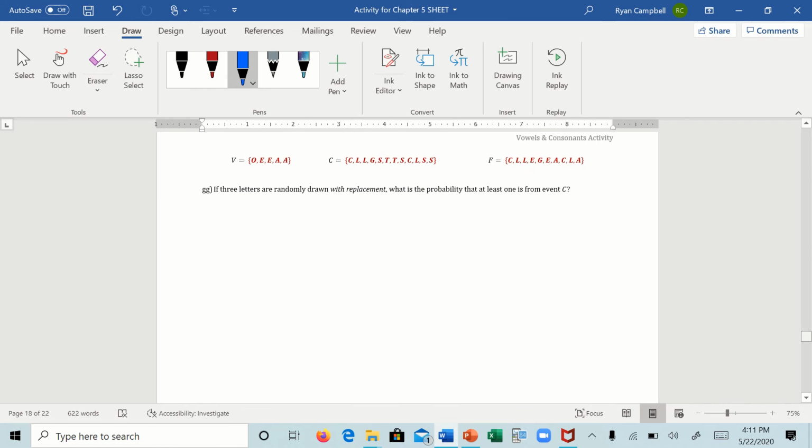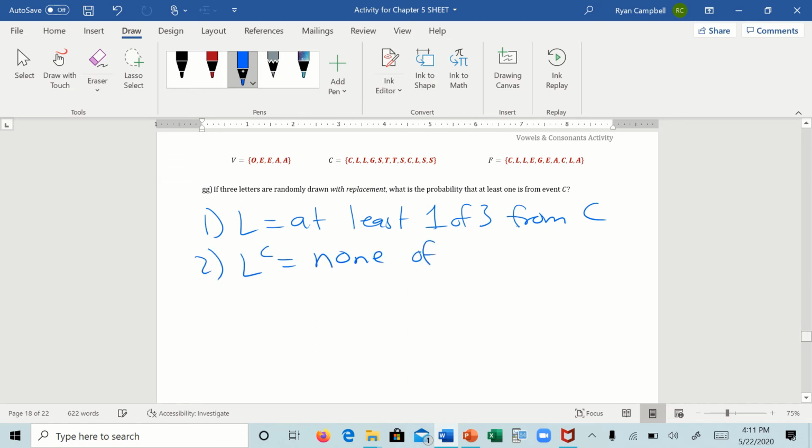So, part G, 3 letters with replacement, at least one from C. So step 1, L means at least one of 3 from C. Step 2, complement means none of 3 from C. So if none of them are in C, then all of them are vowels, right?